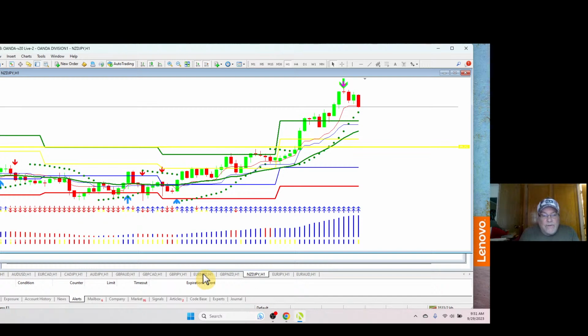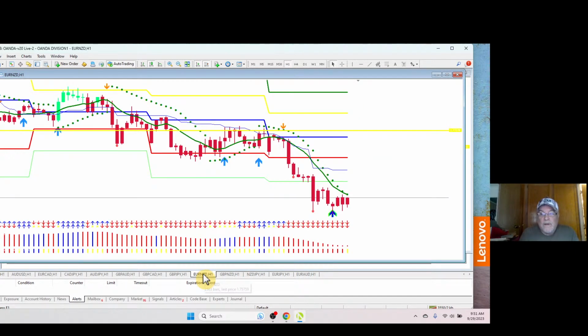And how are we doing on the Euro New Zealand? Doing good. So we're at break even on New Zealand yen. We're at break even on the Aussie dollar. We lost $5 on the pound Aussie, and we broke even on the pound yen, the very first trade this morning.